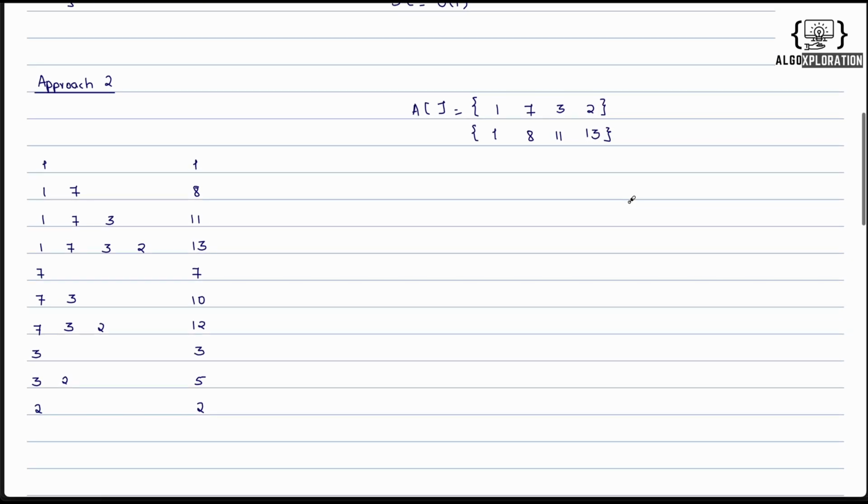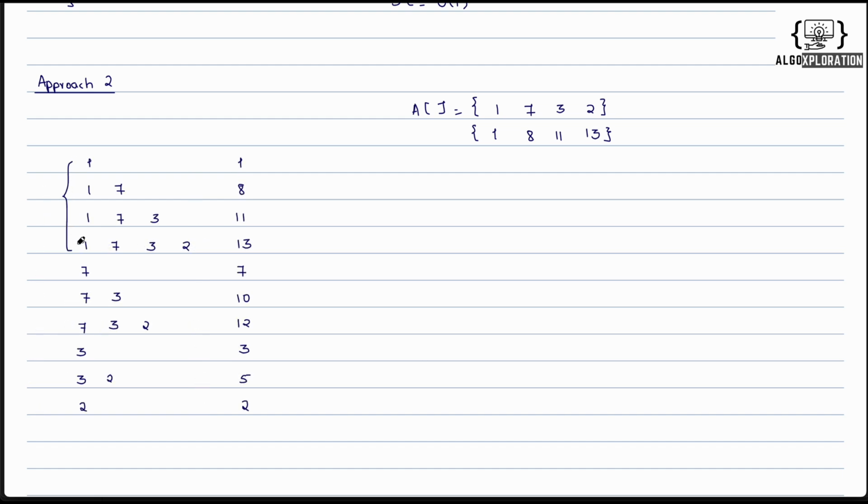Now if you observe 1, 8, 11 and 13, all these elements are matching with this element, right? So these 4 subarrays are starting with a of 0. These 3 subarrays are starting with a of 1. These 2 subarrays are starting with a of 2, and this one is starting with a of 3, right?